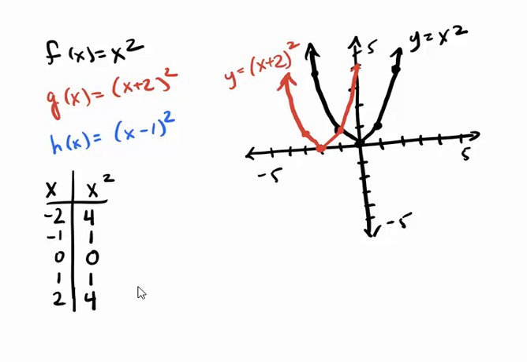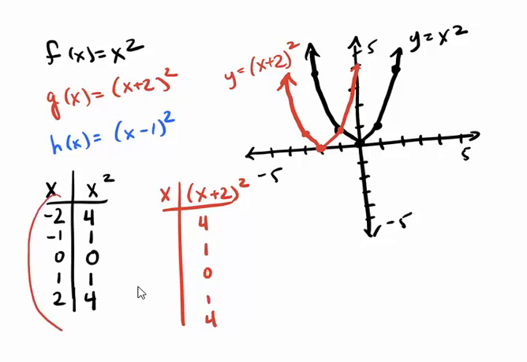Why is that? Well, one way that I can see that is if I were to make a new table for this function, I could keep the same y values if I were to counteract the x plus 2 with subtracting 2 from the x's. So if I look over here and take these x's and subtract 2, I have -4, -3, -2, -1, and 0.